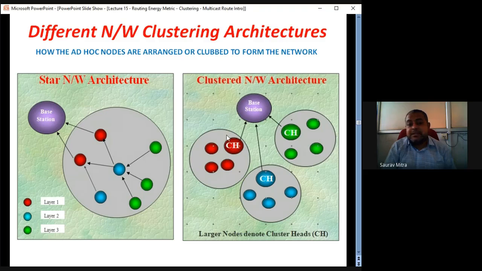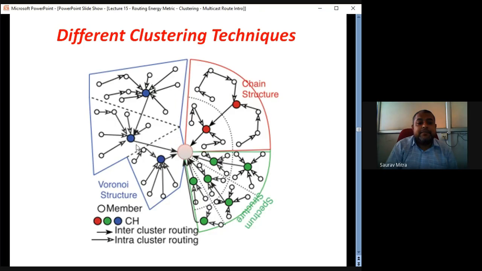So there are 3 clusters, and all the departmental heads together form another cluster, and they are directly talking to the principal of the institute. Here I have shown 3 different clusters: blue, green, and red. And then again CH1, CH2, CH3 can form another cluster, and they can be talking to the principal. That is called hierarchical clustering.